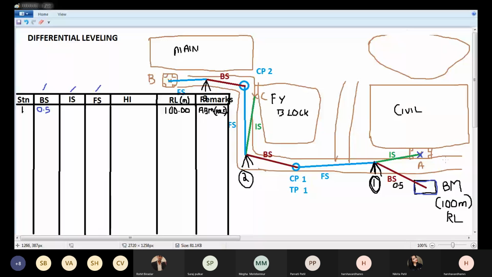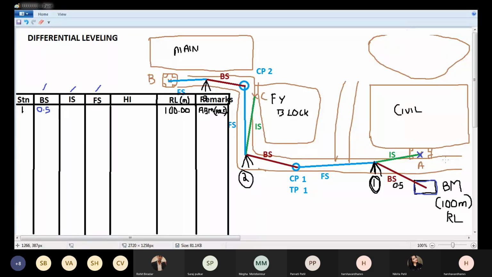So now, what is the difference between intermediate sight and foresight? Foresight is the last staff reading, and intermediate sight is an intermediate reading. If you're shifting the instrument or ending the survey after taking that particular reading, that reading will be foresight. The last reading in a leveling is always foresight, because after that reading you're ending the survey.